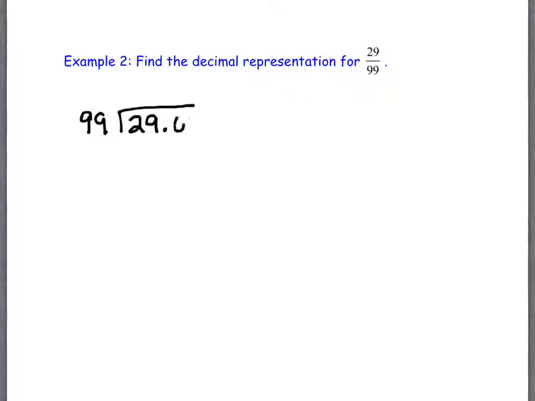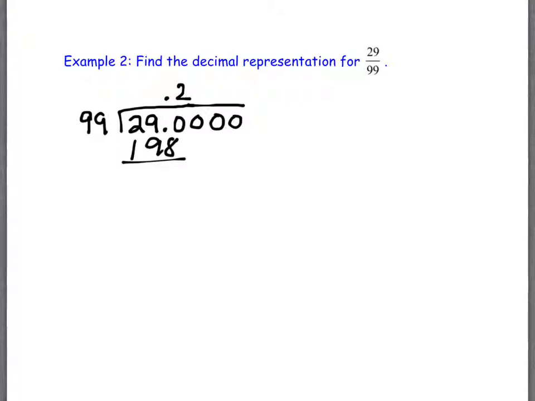Of course, it does not go into 29, so I need the decimal point there and a 0 so that I can think about this as the number 290. So how many times does 99 go into 290? Twice. That is correct. What is 2 times 99? It is 198.